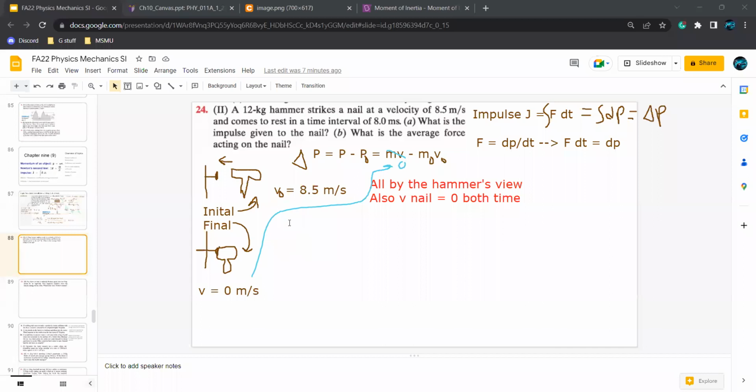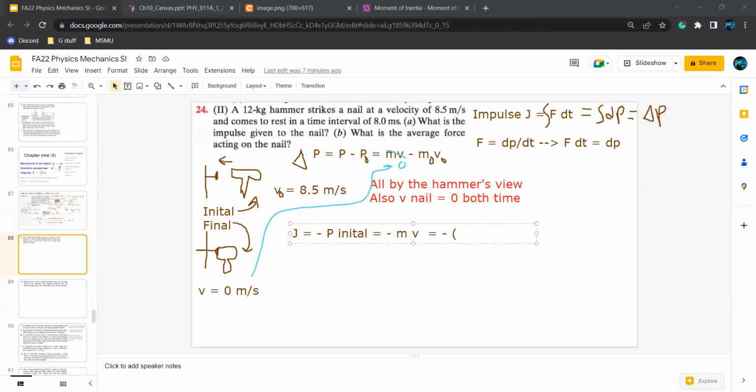So then we can go J is equal to negative p initial, which is equal to negative M naught V naught. I'll write those in. And then we can just plug that in straight as is.